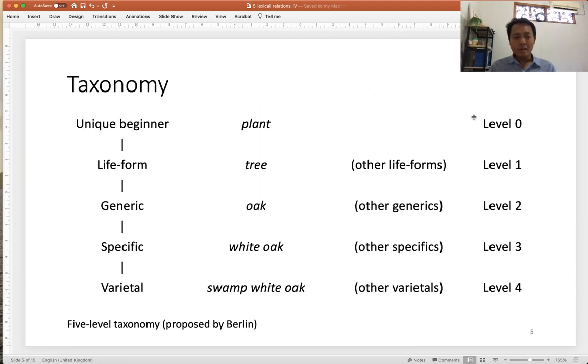Here is an example of a 5-level taxonomy proposed by Berlin, who is a famous anthropologist. And Berlin argues that this taxonomy is universal. It is found in many different languages. Yeah, so the way we organize our natural world tends to follow this taxonomy. Okay, so we will go back to this taxonomy later on.